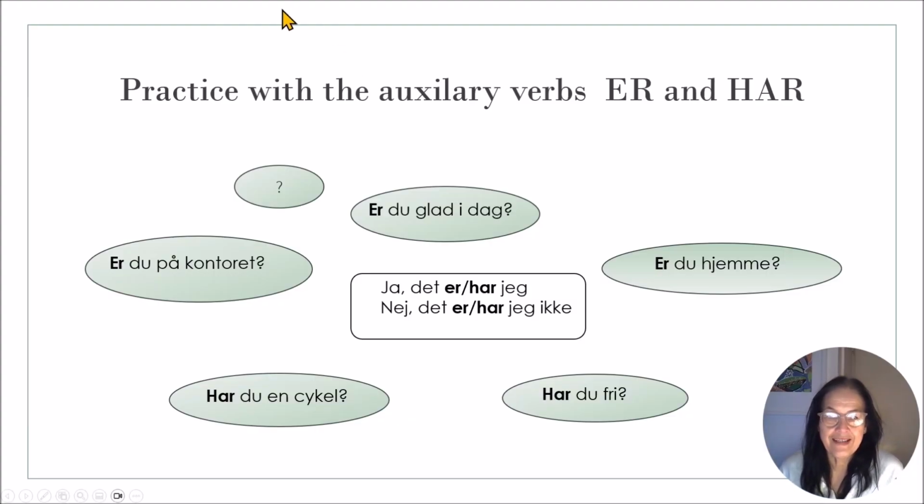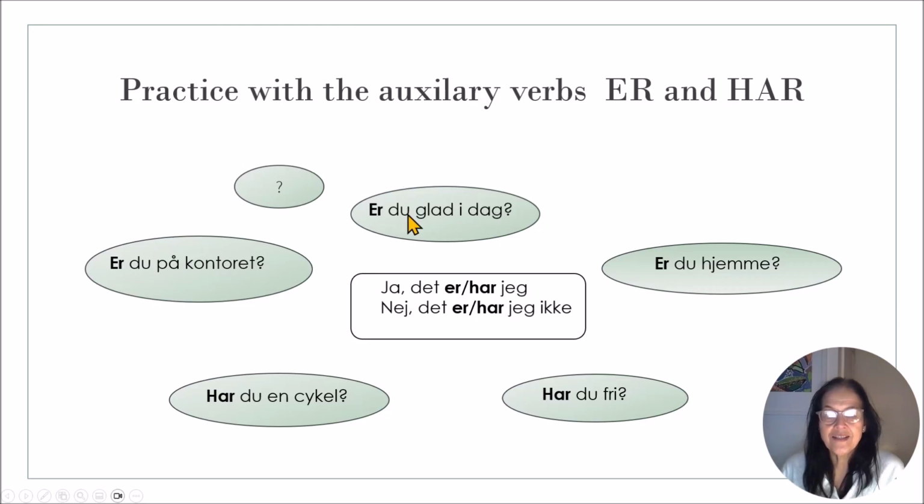Er du glad i dag? Ja, det er jeg. Er du hjemme? Ja, det er jeg. Har du fri? Ja, det har jeg. Har du en cykel? Ja, det har jeg. Er du på kontoret? Ja, det er jeg.